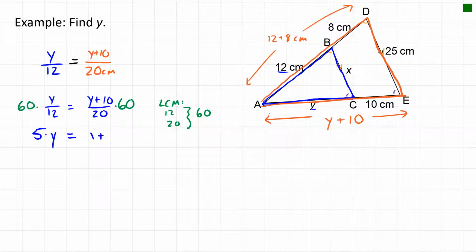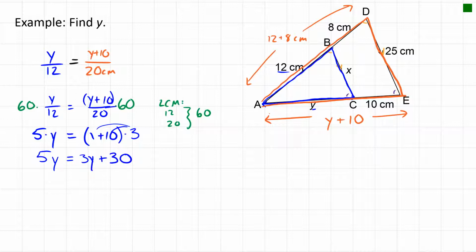And then we have y plus 10. Remember, y plus 10 is all together in the numerator. And 60 divided by 20 is 3. So now my equation looks really nice. 5y is equal to, and I'll multiply the 3 in there, 3y plus 30.